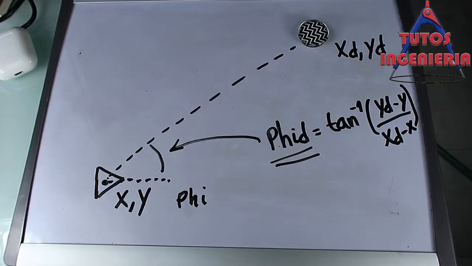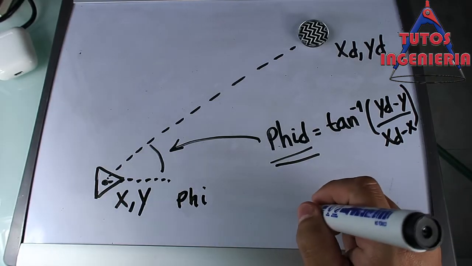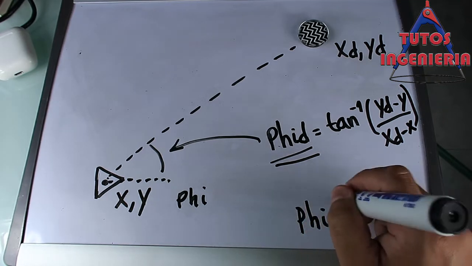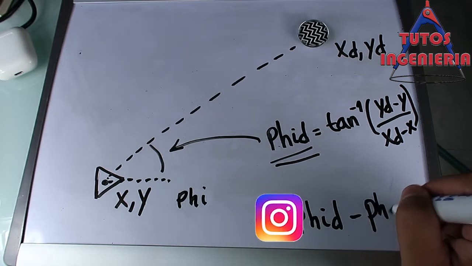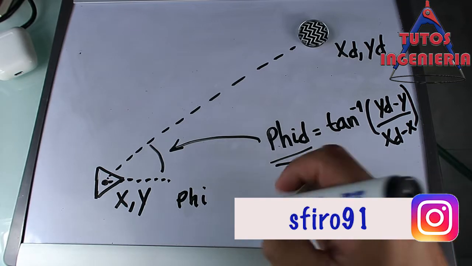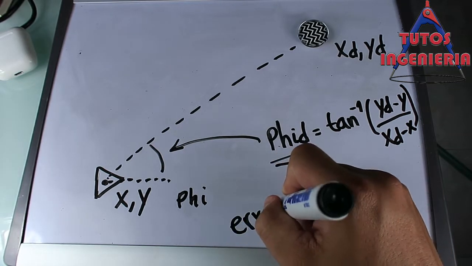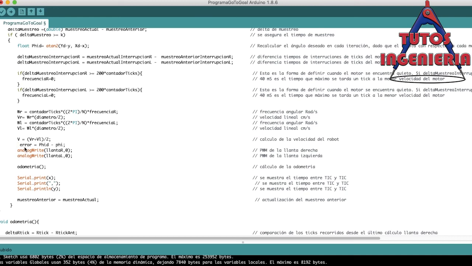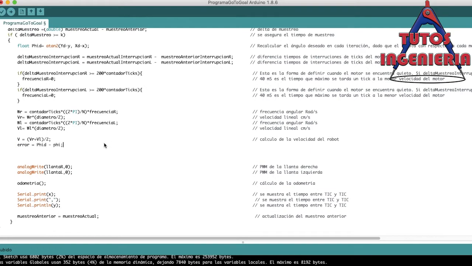So if we want to design a control, we have to define a kind of error. This error is generated as the difference of the angle: phi desired minus phi is equal to the error. In this part we add this line of code, where the error is defined as phi desired minus phi.